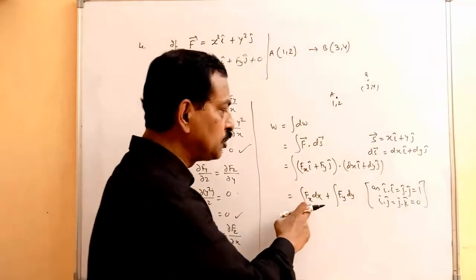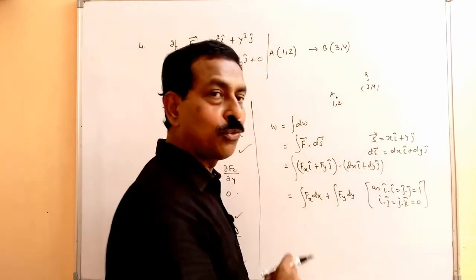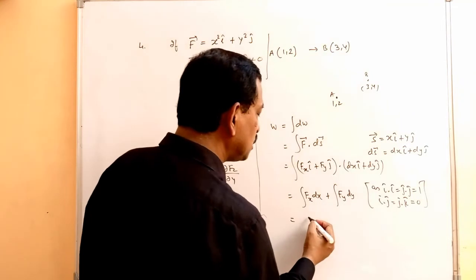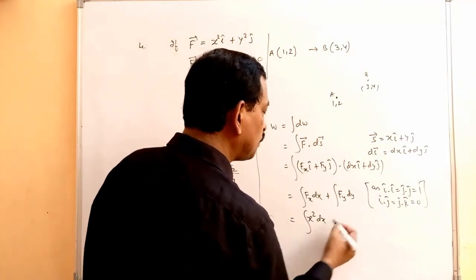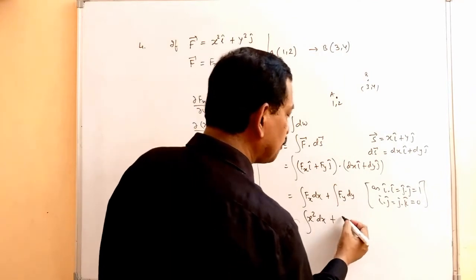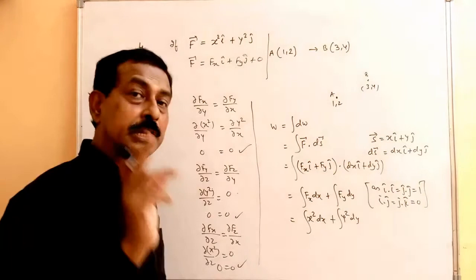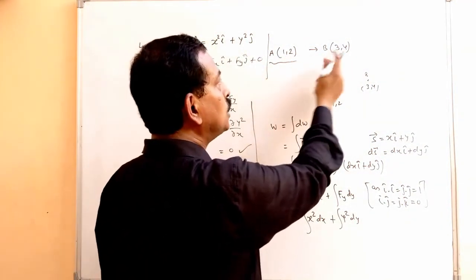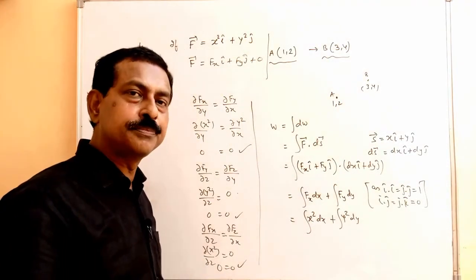Now you know how much is your Fx and how much is your Fy. Then you have to put the limits there. So Fx is your x², and Fy is your y². Now the limits. Point A was given as (1, 2), and B had coordinates (3, 4).